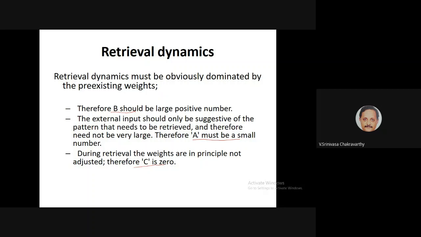If I give A large, then you're giving too much importance to a wrong pattern. The pattern should be just strong enough to initialize the states of the neurons reasonably well. Now B should be large enough because the perfect information is already stored in the weights, and B is the one that's amplifying the weights. So it should be large enough so that it will retrieve the correct pattern.